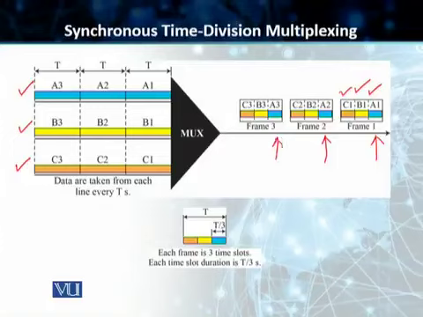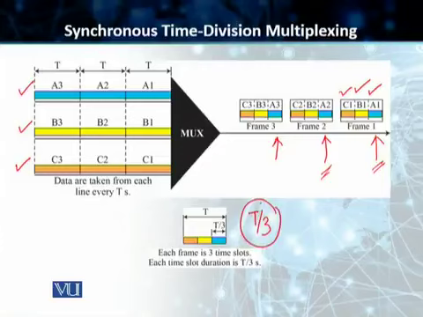For example, if after A1, A2, and A3, line 1 or connection 1 has got nothing to send on this high bandwidth line, even then this particular first slot will remain empty, and we will just send the data from line 2 and line 3. Students, each frame consists of 3 time slots, as you can see, and therefore the duration of each time slot is T by 3.